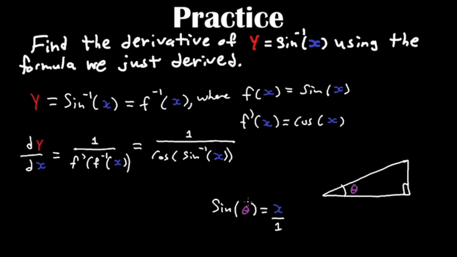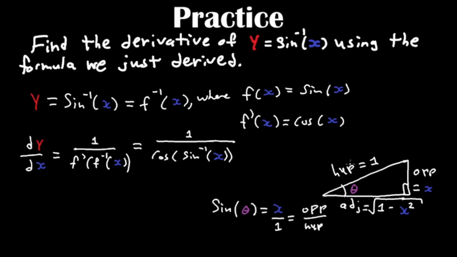Remember, sine is opposite over hypotenuse. So we can draw this right triangle where x is the opposite and the hypotenuse has length 1. The adjacent side is then given by the square root of 1 minus x squared, because it's the square root of c squared minus b squared.